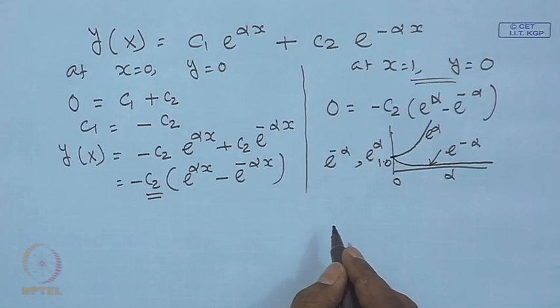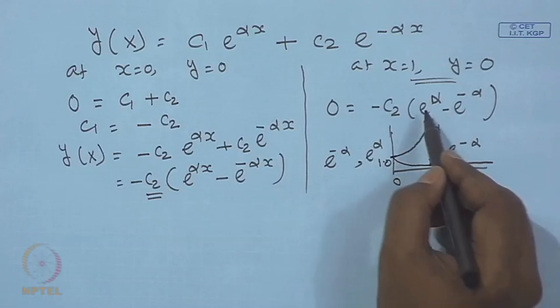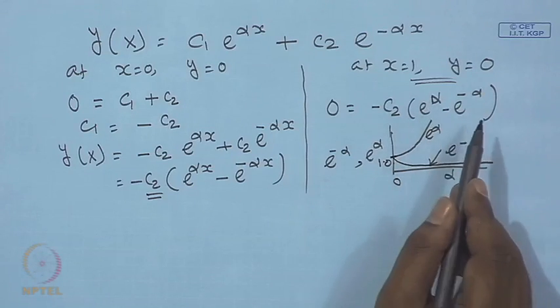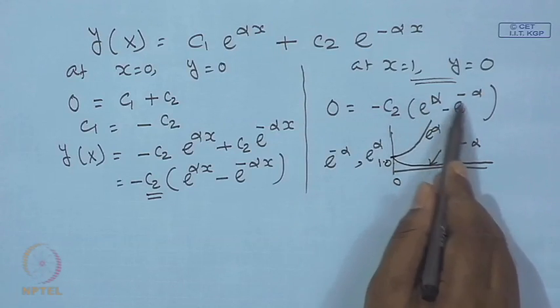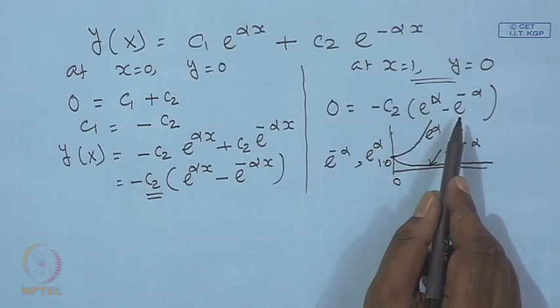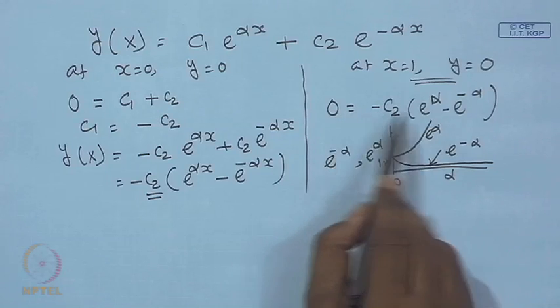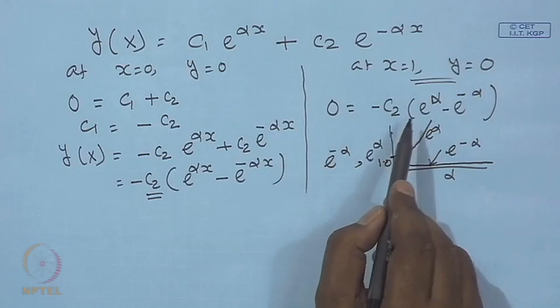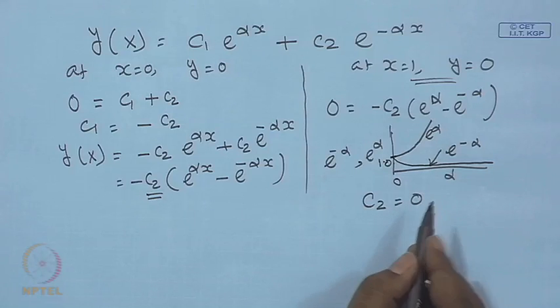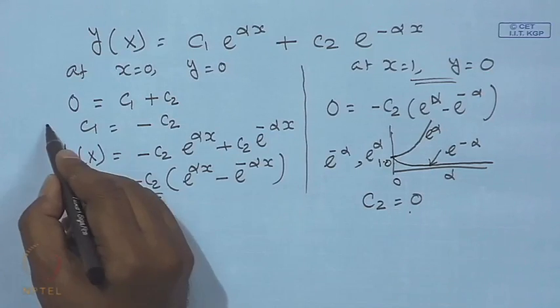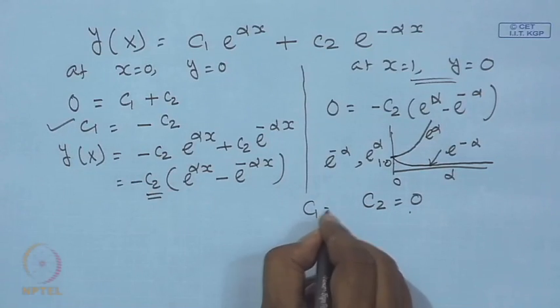So, what I mean by this analysis is that e to the power alpha is always positive, e to the power minus alpha is always positive. So, their combination is always a positive quantity. So, in order to satisfy this equation, only option is that C 2 is equal to 0. Now, if C 2 is equal to 0, from this we will be getting C 1 is equal to 0.